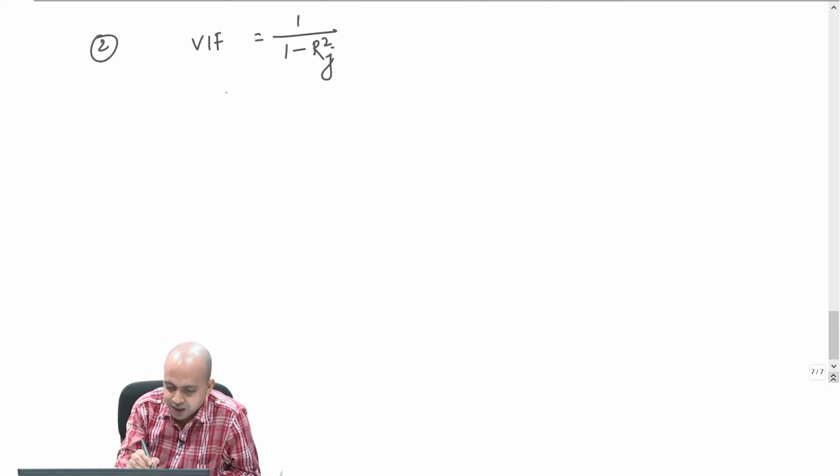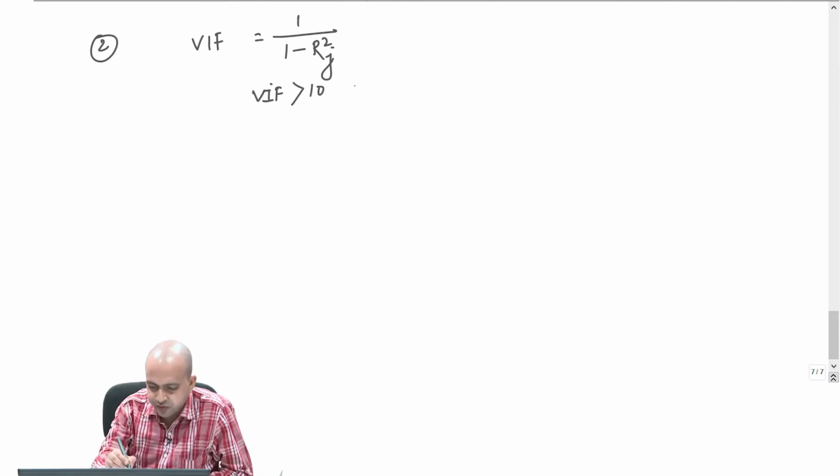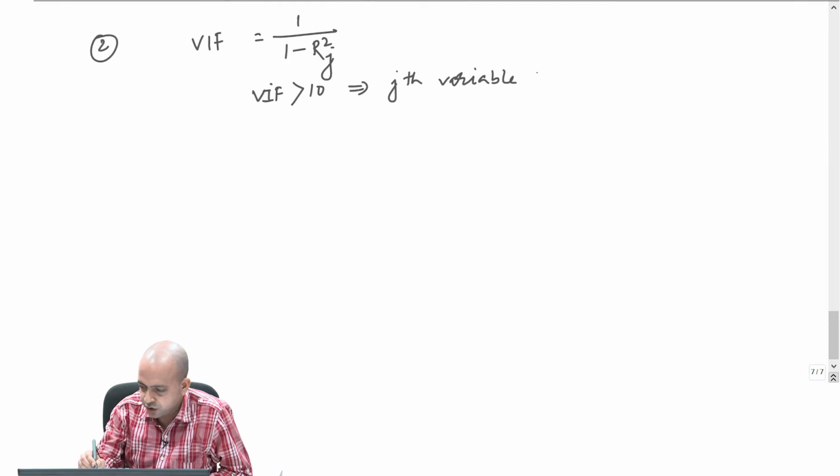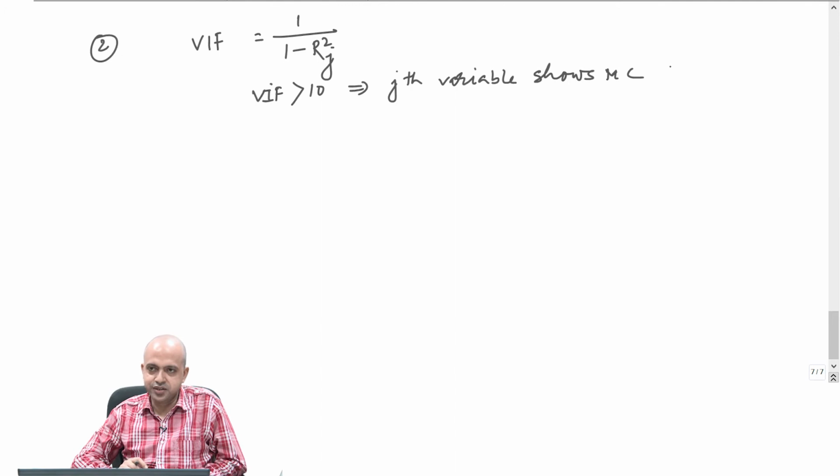So, if the VIF so defined is greater than 10 for this particular jth variable, that will imply that the jth variable shows MC, that means the jth variable is nearly linearly dependent on the others. This is a simple formula to apply, and it is very easy to estimate from statistical software also.